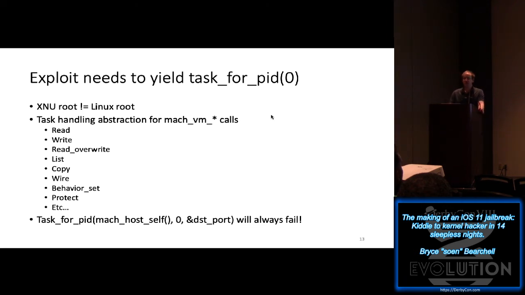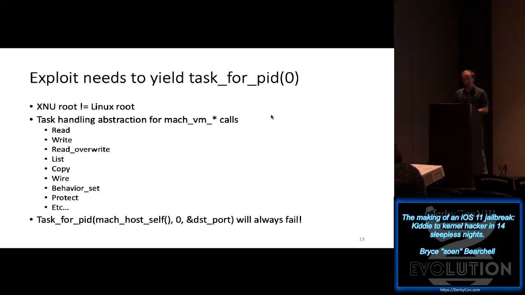In XNU, root does not equal root. So, say in the Linux kernel, or in Windows, if you're a system, you can talk to kernel processes. You can't in XNU, because there are layers of protections against it. Apple kind of designed a lot of things away from the user and to try and create this sandbox environment for their applications.